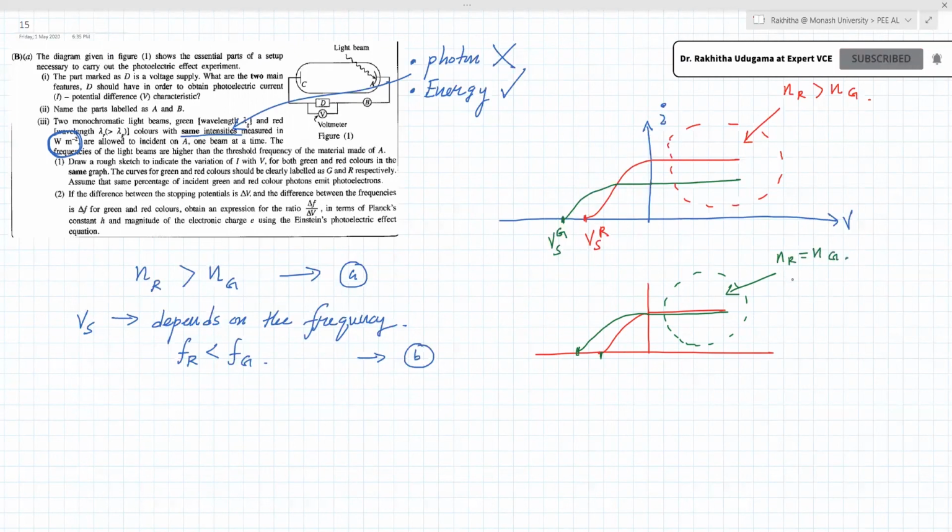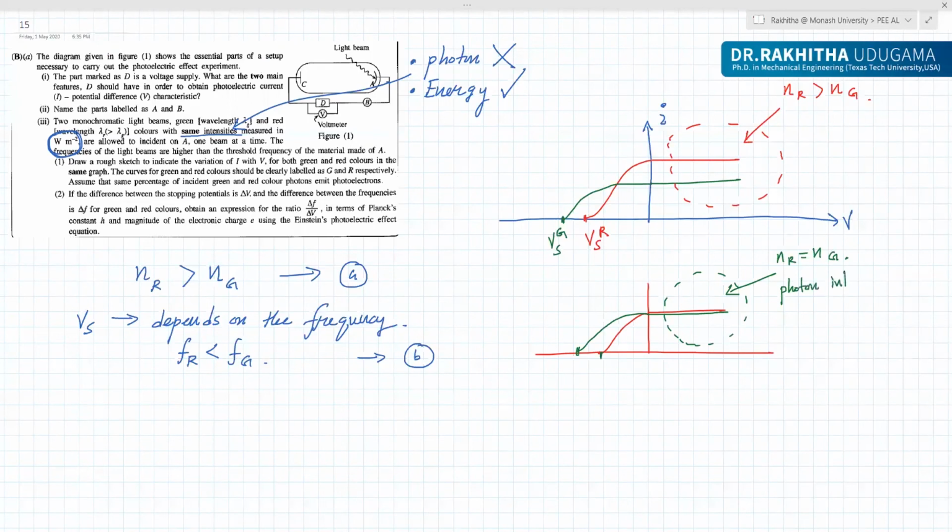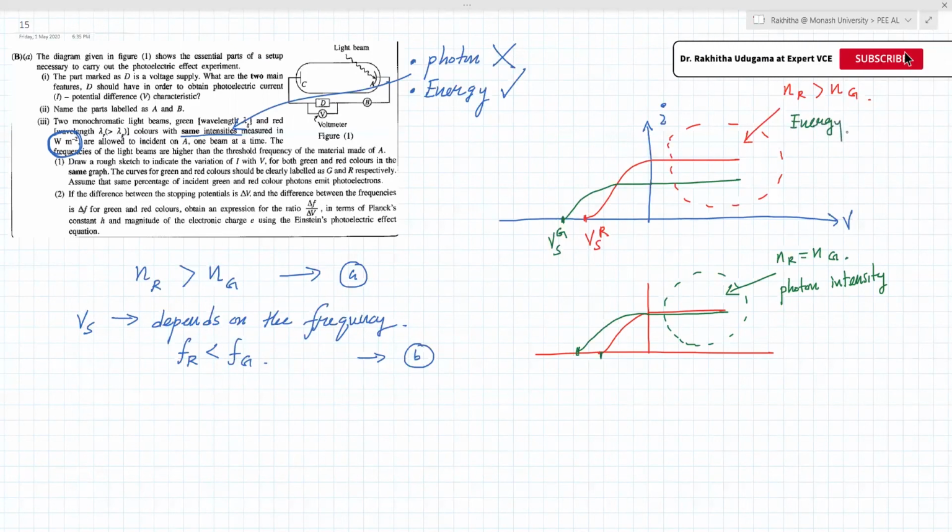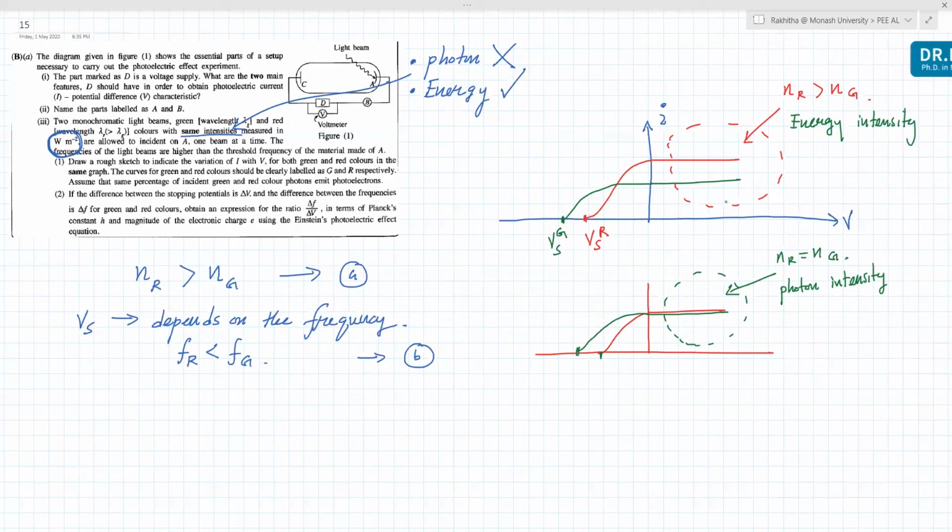Because I have taken photon intensity. Photon intensities are equal in red and green. Here I have taken energy intensity. Okay, so please understand this and remember it. So this is the discrepancy between the photon intensity and the energy intensity, and I'm hoping to review more questions. Till then, see you.